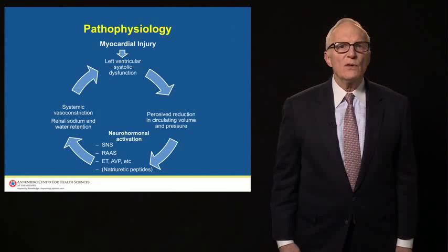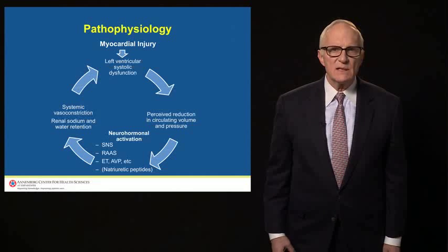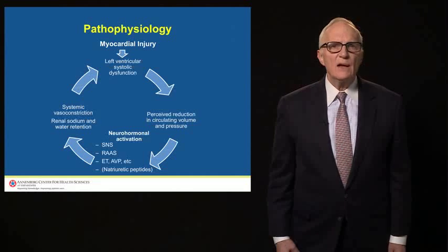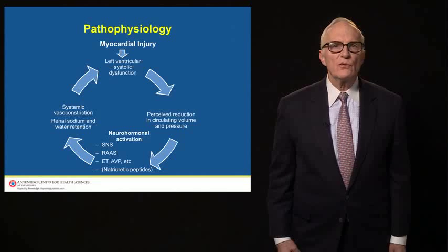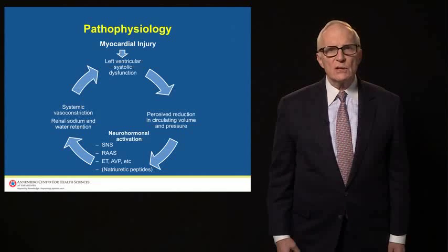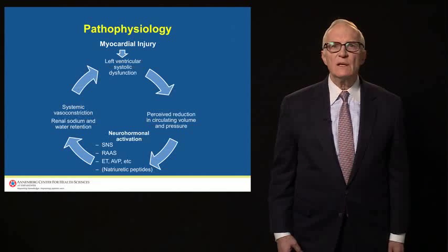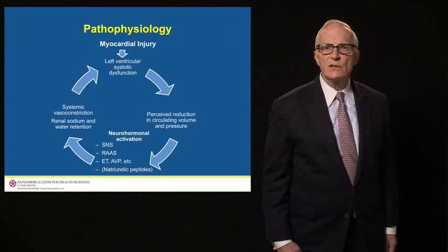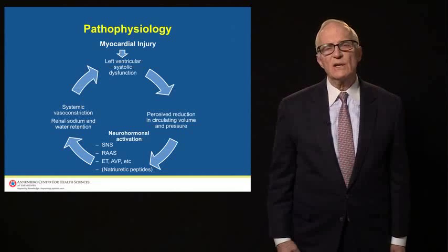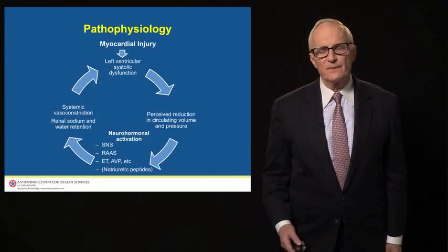The result of all these hormonal activations is systemic vasoconstriction and renal sodium and water retention, which potentiates the myocardial dysfunction, the systolic dysfunction, and the entire cycle begins again.